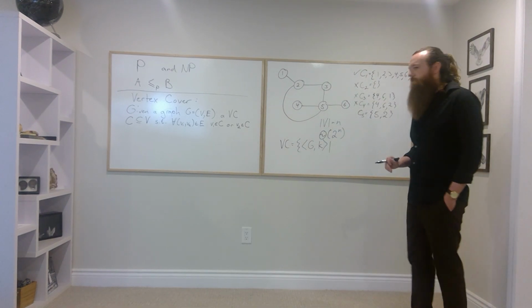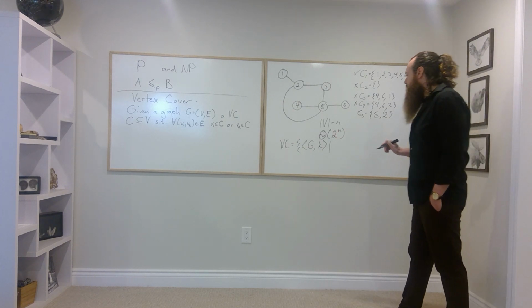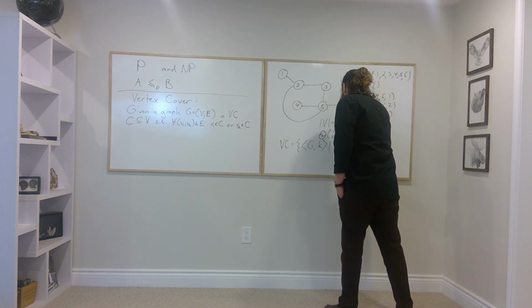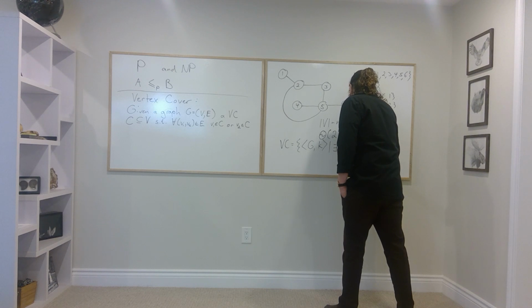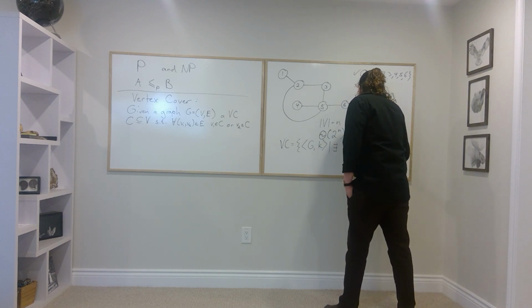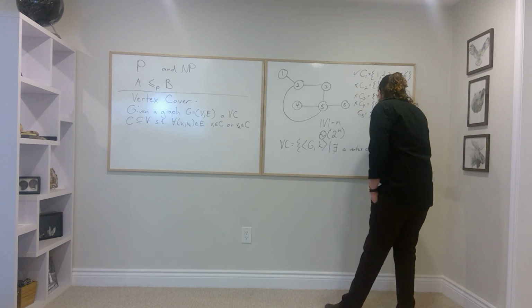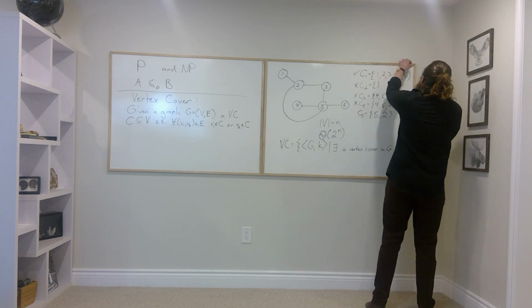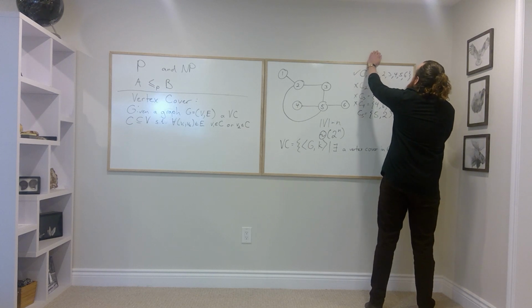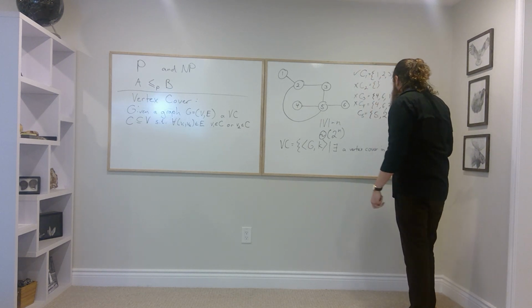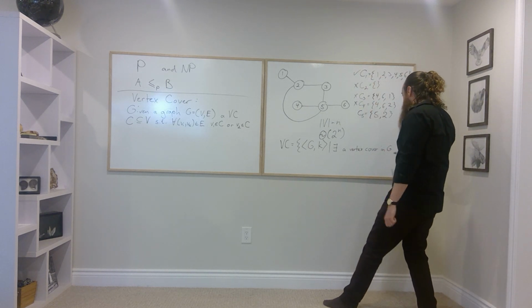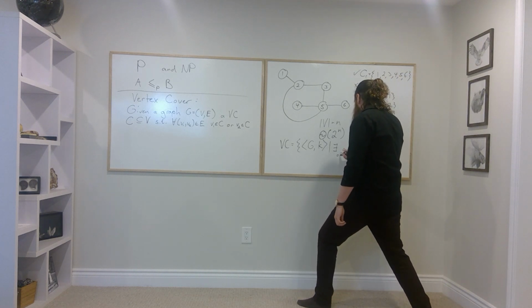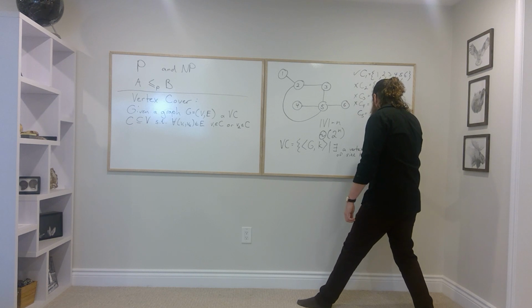So this is going to be the set of all graphs G and some number k, such that there exists a vertex cover in G of size k or less.